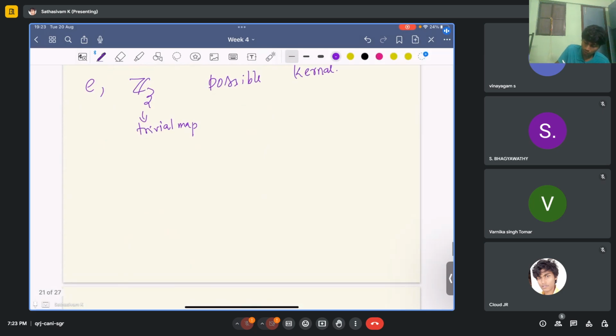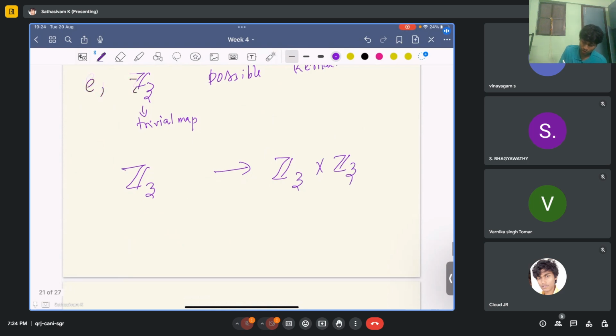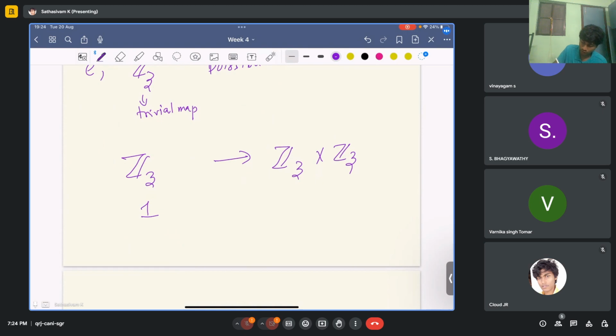And you see, for any homomorphism from a cyclic group, I will give you a little bit more info. If you look at a homomorphism from a cyclic group to any other group, it is enough to map the 1. It is determined by where you map the 1.